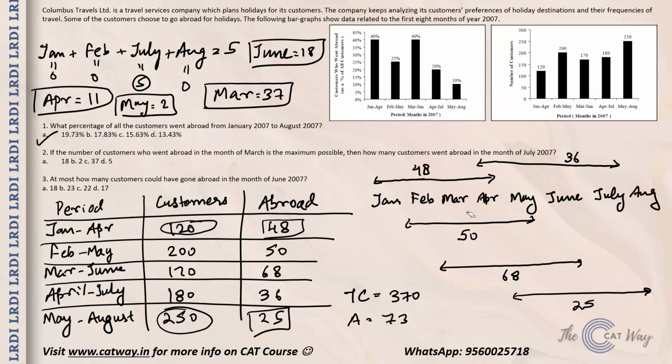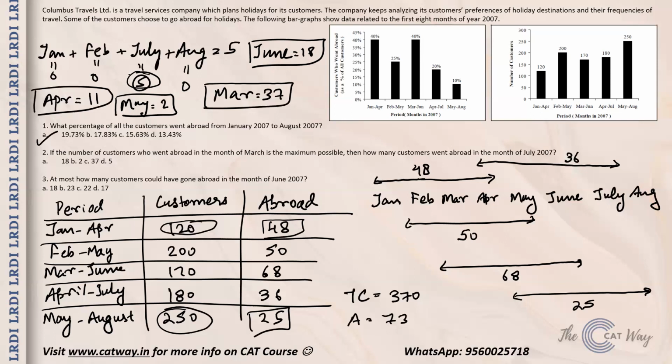Now comes April to July. April is 11, May is 2, that takes you to 13, June is 18, that takes you to 31. And in that case, July will be equal to 5. That we have already seen, that July would be equal to 5. And then May to August, let's verify.